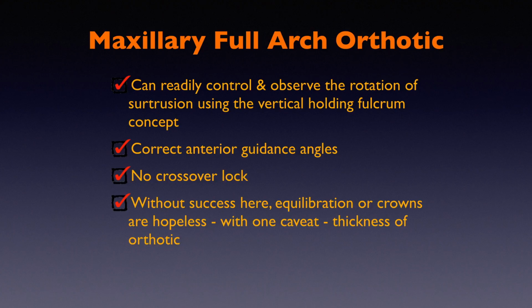There is one caveat to this. If the patient's MI required severe detrusion, then the orthotic will be quite thick in front in order to have sufficient material in the back to adjust for the required surtrusion.